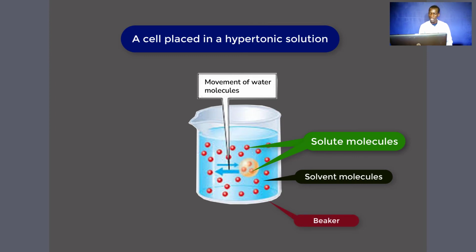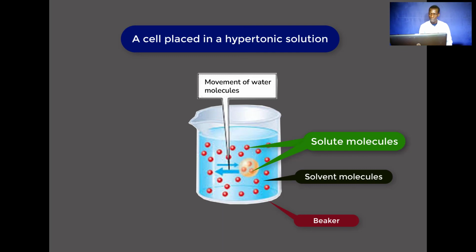Therefore, we can say that the solution outside the cell, that is the solution in the beaker, is hypertonic to this one found inside the cell. Or else we can also say that the solution found inside the cell is hypotonic to the solution found outside the cell. That marks the end of lesson number 72.